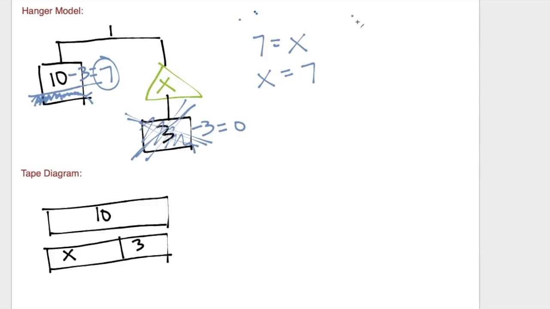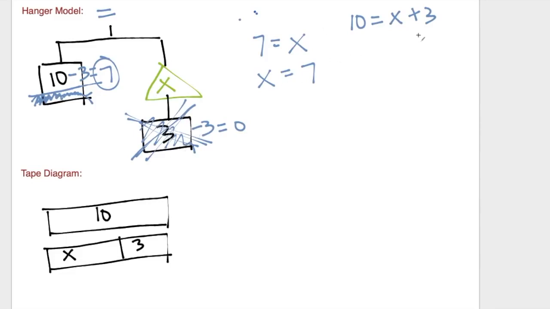So this as an equation would have been written 10 equals, because remember the middle of the hanger is the equal sign, just like the scale, 10 equals x plus 3. This is x plus 3 because you're adding an extra weight to this side.